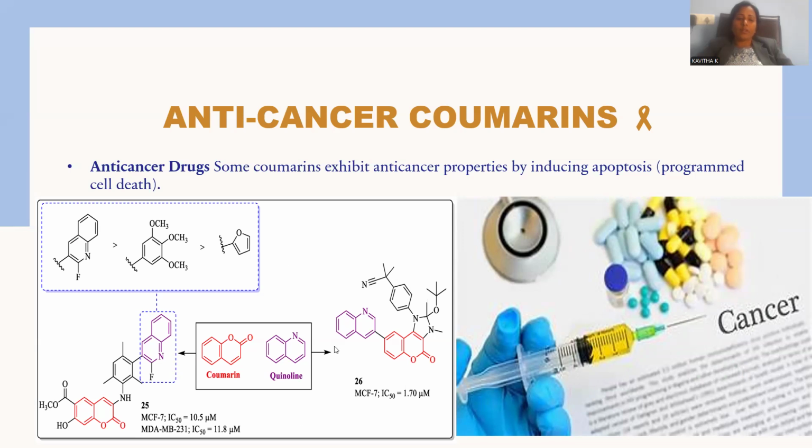So whatever drugs are manifested here are scaffolds made by coumarin and quinoline together. Here again, coumarin and quinoline together, the structure activity relationship is promising in order to intensify this anti-cancer curation by means of these two kinds of heterocyclic compounds together.